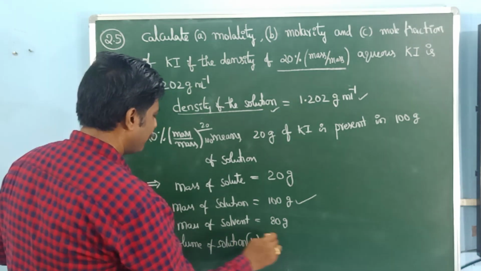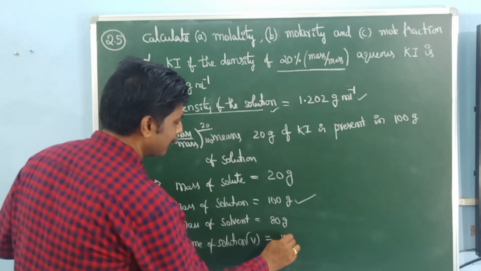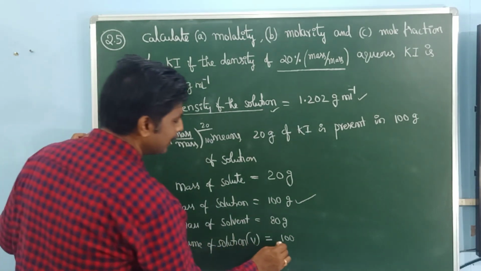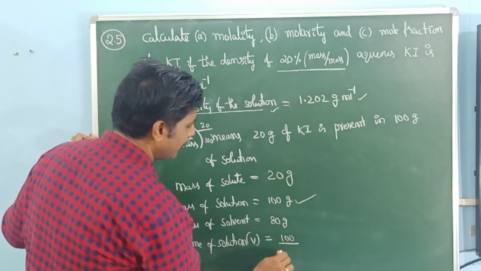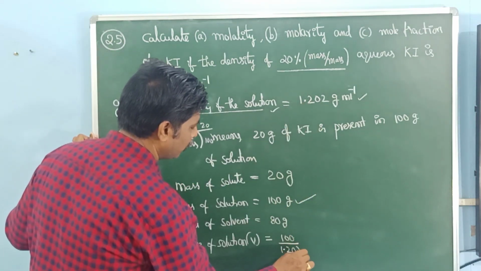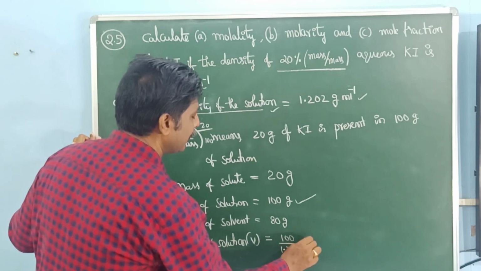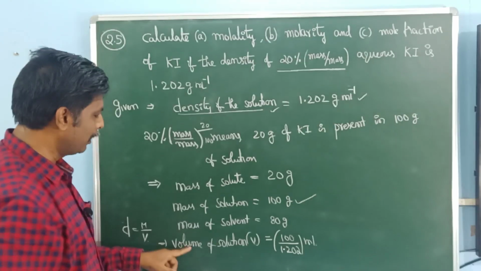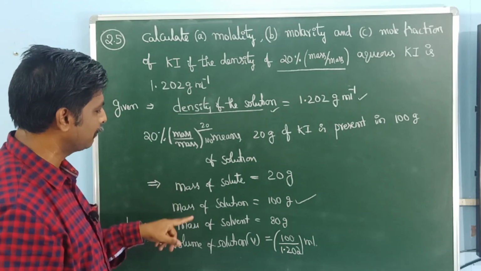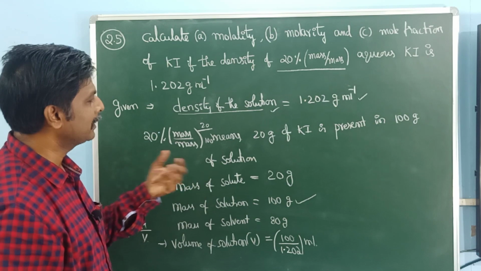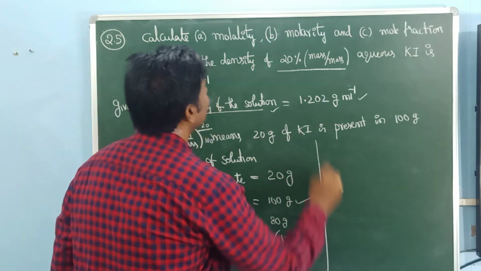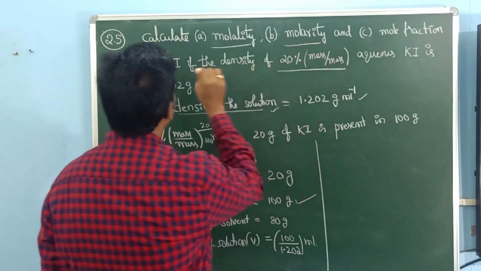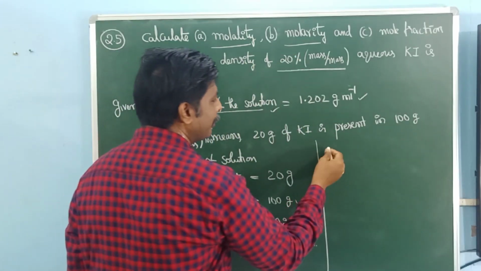Mass of solution is 100 by density of solution 1.202, so you will get the volume in ml. Now in the given question you have to calculate molality, molarity and mole fraction. So one by one we will start.